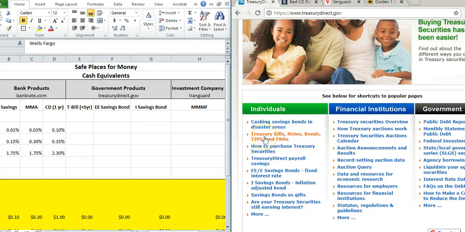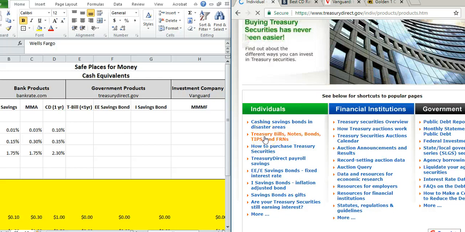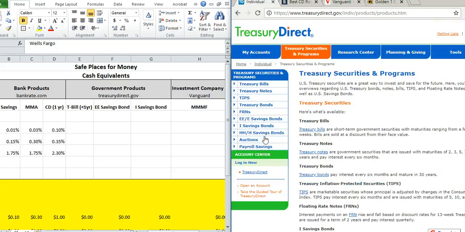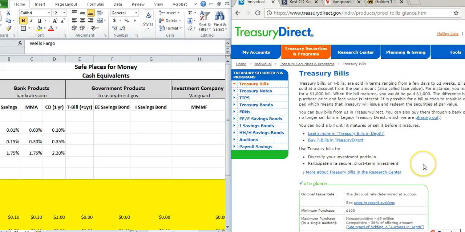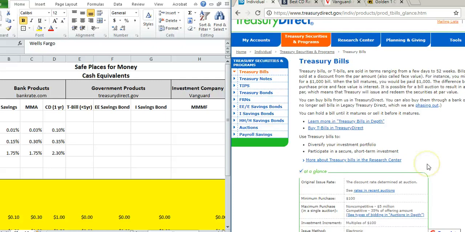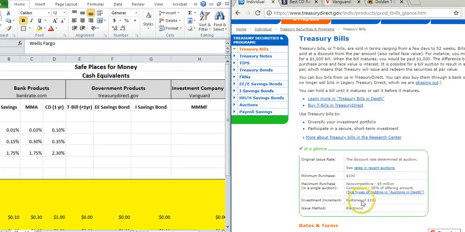But if we go into Treasury bills, a T-bill is a product you can buy from the federal government. It says right here, maturing within a few weeks or within one year. So it's a very short term purchase to get a little interest rate boost from the government. In order to find the current rates, they're sold at auction. I'm not going to go into all the details because I'm not sure if it matters.